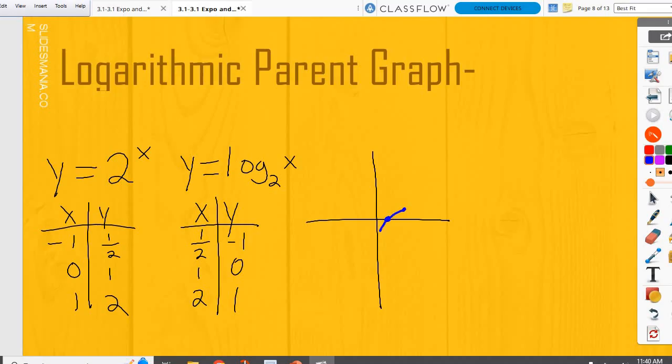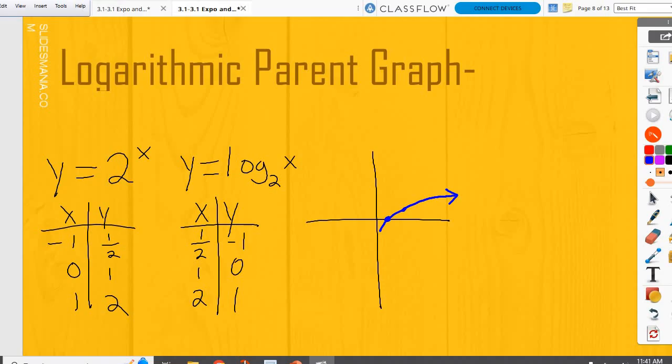Okay, so it is still going to increase, okay? So it is still increasing, it's just going to do so at a slower rate. Now, since I switched all of my x's and y's, we had what type of asymptote for our exponential? For our exponential, we had a horizontal.